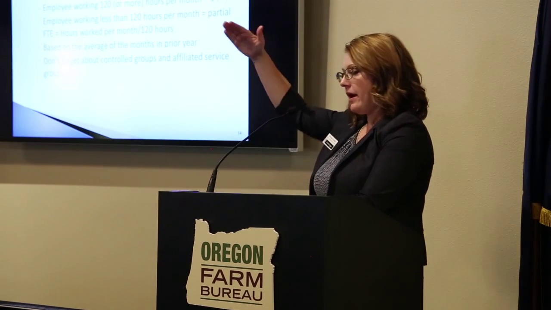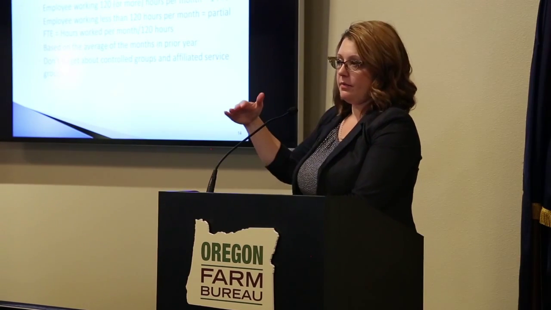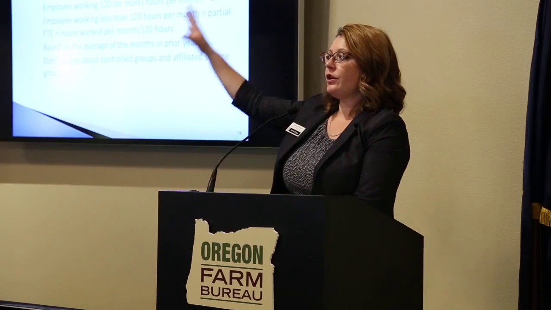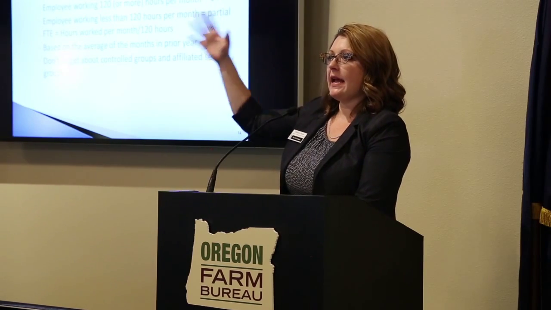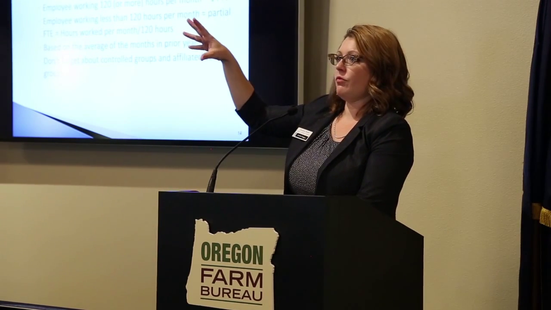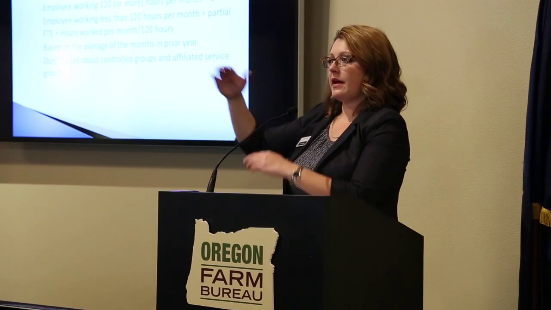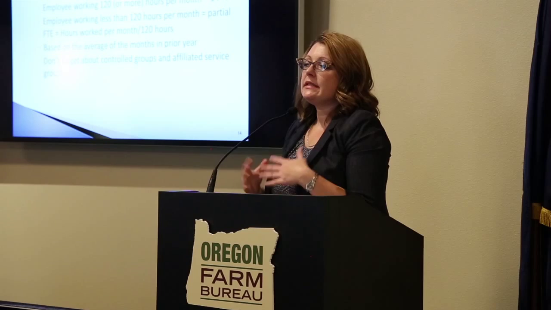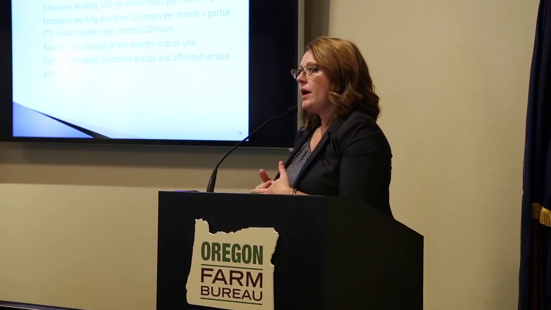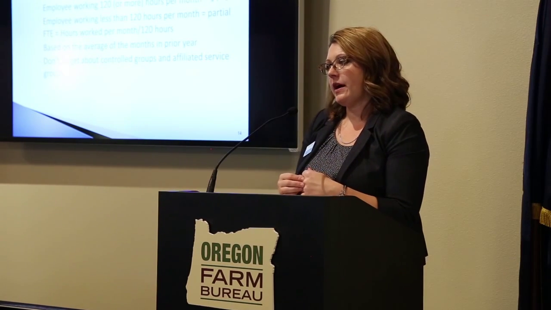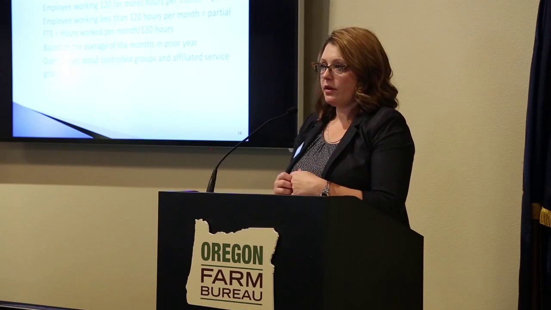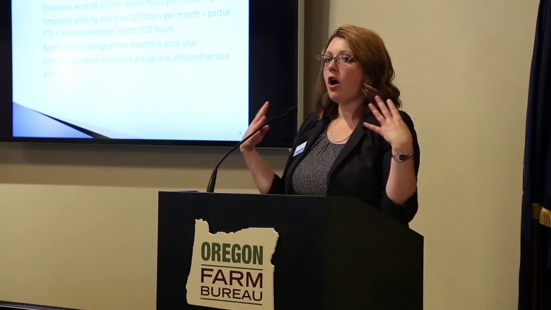One is called a parent and a subsidiary controlled group, and that's where you have somebody that owns 100% of one and 80% of the other, or 90% of one and 80% of the other. That threshold is 80. There's a different kind of controlled group that's more difficult to figure out, and that's called a brother-sister controlled group. And that's when you have common owners.